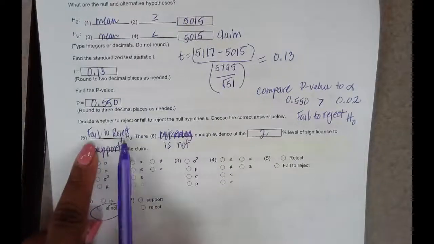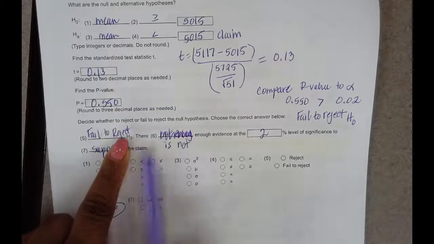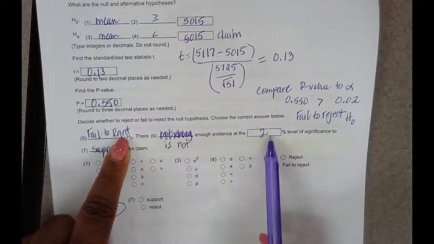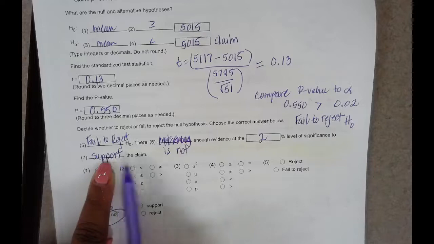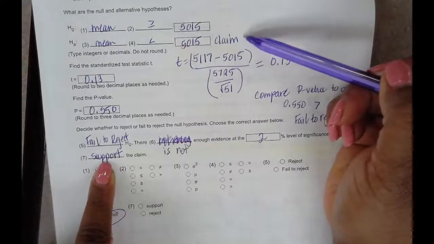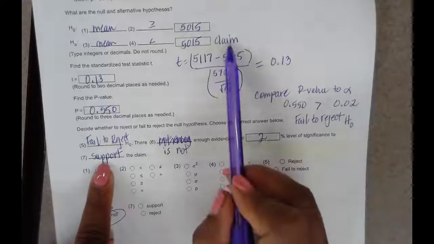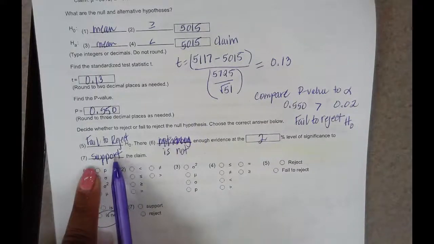We are failing to reject the null. That means we want to keep that, because there is not enough evidence at the 2% level of significance to support the claim, which happens to be in the alternative. And remember, I told you, when that claim is in the alternative, that word support is being used.